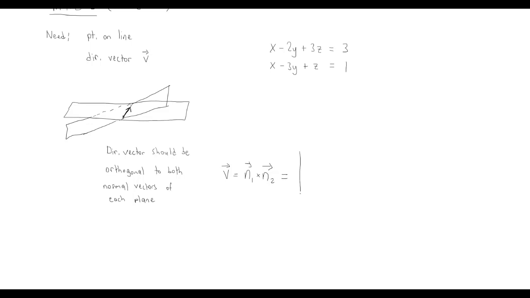So here, if I do the cross product, I'm going to get, so the first normal vector, 1, minus 2, 3. Second one, we have 1, minus 3, 1. Okay. If I do the cross product, we're going to get negative 2 plus 9 will be 7.